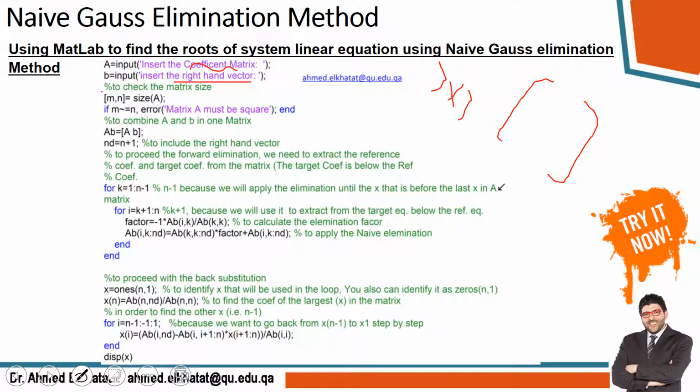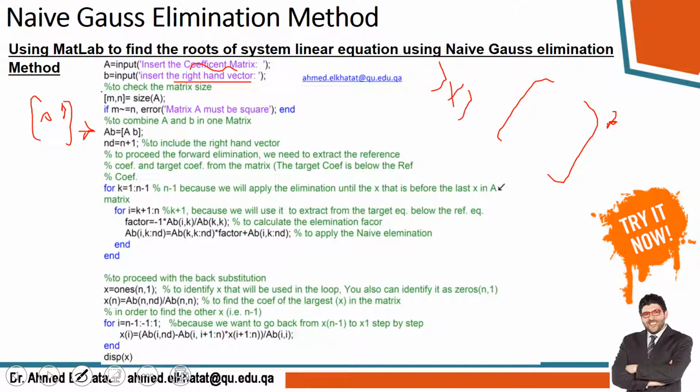So we need first to combine A and B together in the same matrix, because we will apply the elimination to the matrix. So here we created a new matrix called AB, and this AB is A and B. Now we already defined n as the number of columns, but we will apply some calculations to the right hand vector as well.